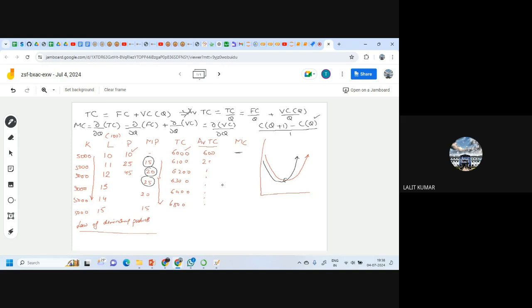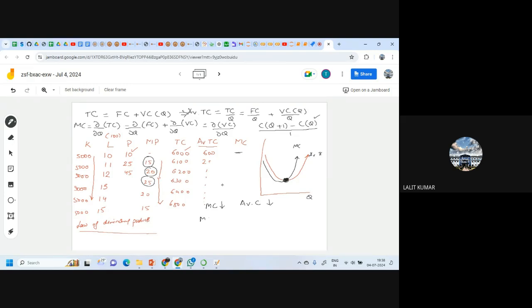So this is the price at which I get the best. This is the quantity, this is the average total cost, this is the marginal cost. From here this statement comes true: when marginal cost is decreasing, your average cost is also decreasing, or marginal cost is below average cost.